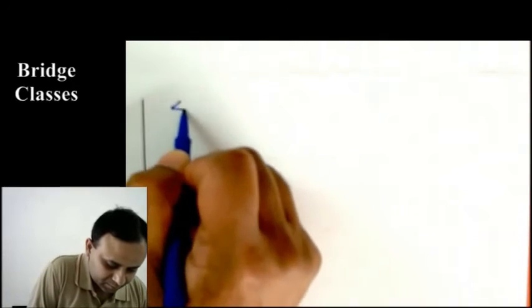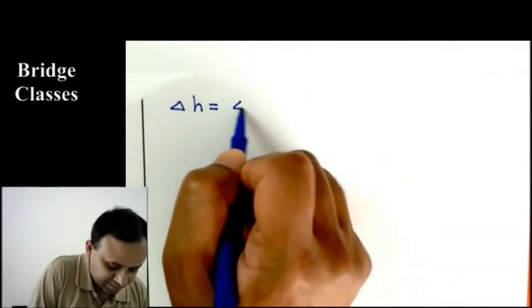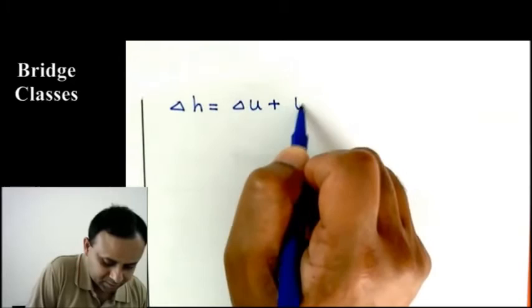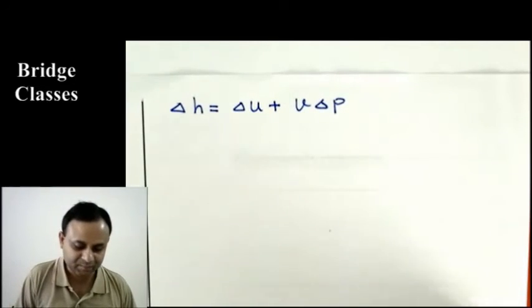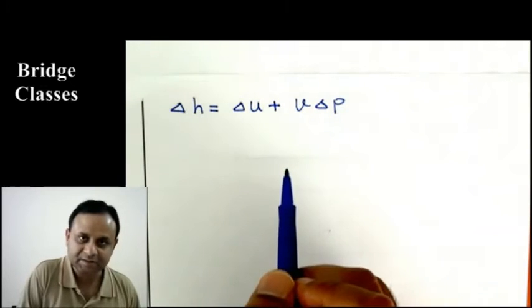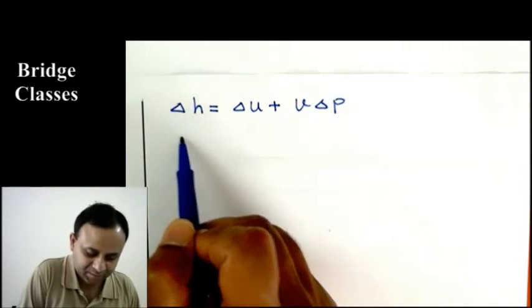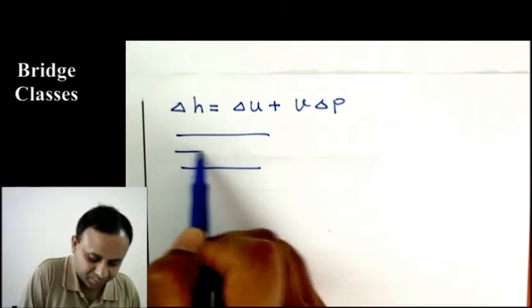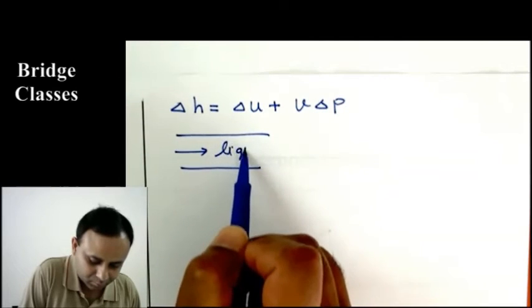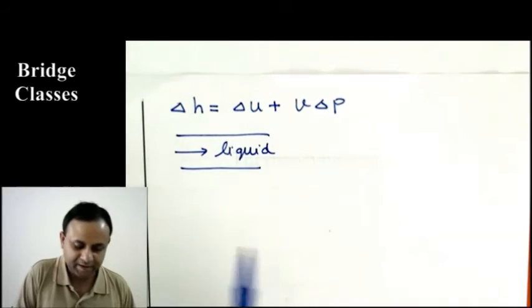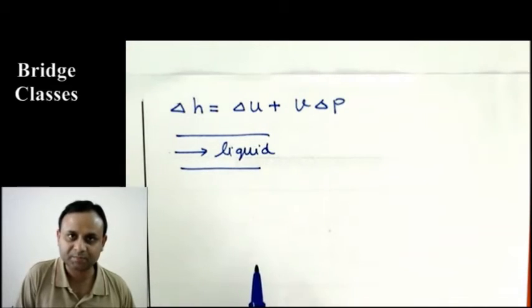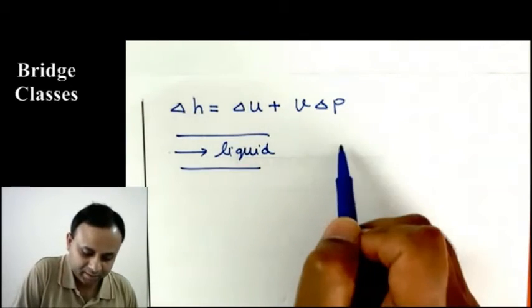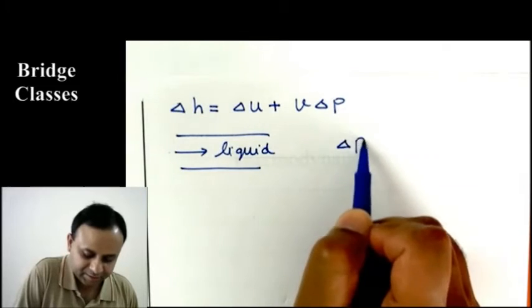We have delta H is delta U plus V delta P for an incompressible substance. For liquids, one possibility is, for example, say a liquid is flowing through a pipe, and we want to determine the change in enthalpy across the pipe as it flows. If we neglect change in pressure, delta P is 0.